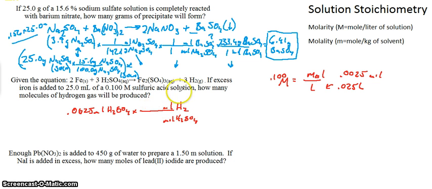And now again, my molar bridge, I use the coefficients from the balanced equation, and I have a 3 here, and I have a 3 here, so it's a 1-to-1 relationship. And now I'm going to go from moles of H2 to, they want molecules of hydrogen gas. So I use Avogadro's number here. If you remember, the number of anything, atoms, molecules, whatever, is 6.02 times 10 to the 23rd molecules per mole.